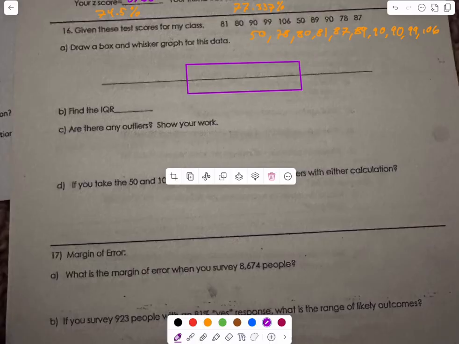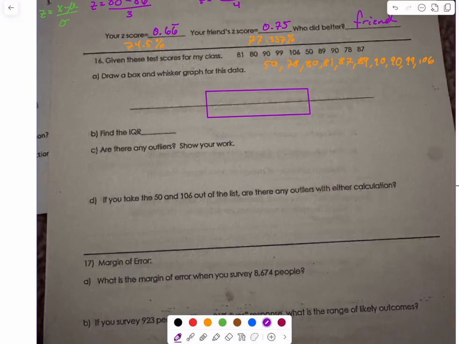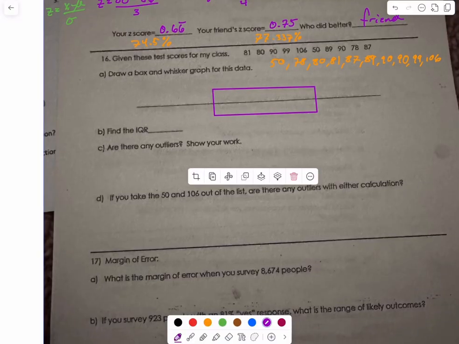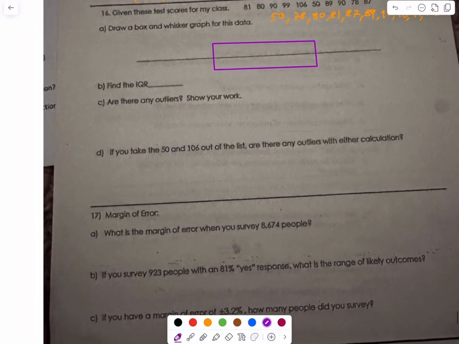Here we're going to put our maximum. Again, here we're going to put our max. All right, let's try this one more time. There we go. Our max value there, our minimum value here.